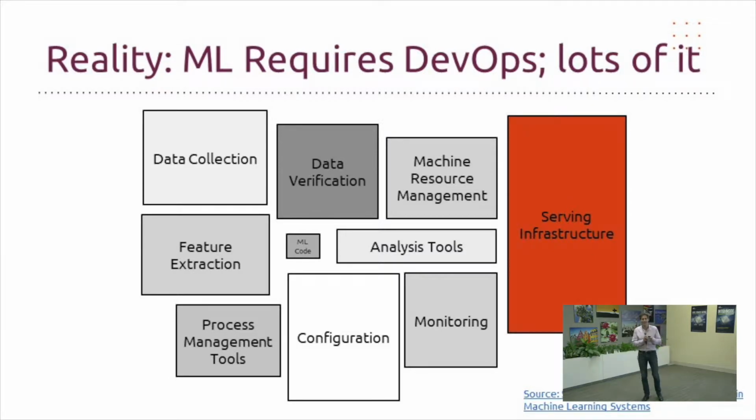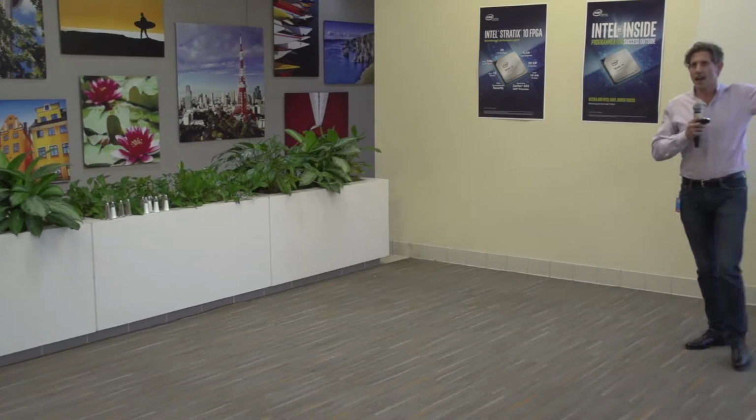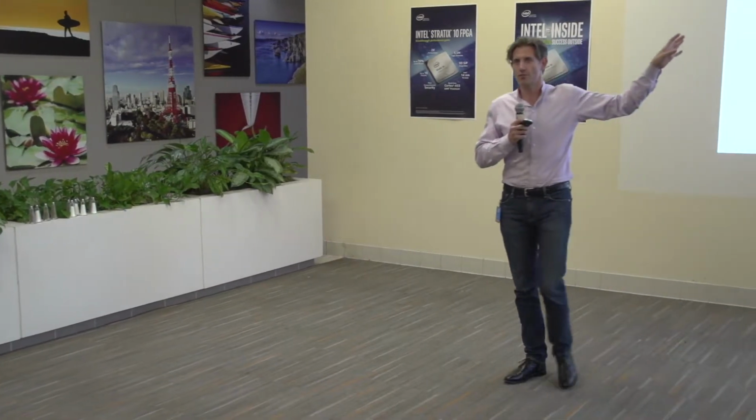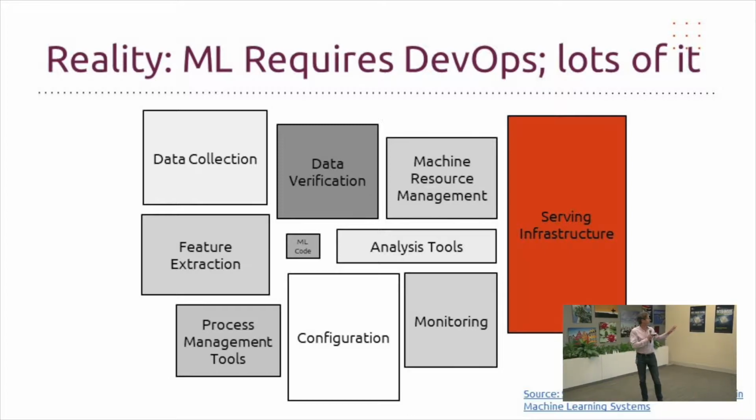Okay, here's the reality of machine learning: the machine learning code is just a small block, and everything about using your models is DevOps. There's all of the cloud things that we know and love, everything from monitoring machines and taking care of resources for the machines.